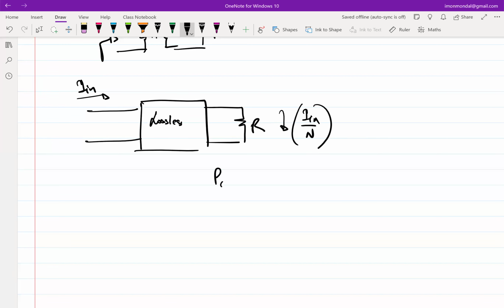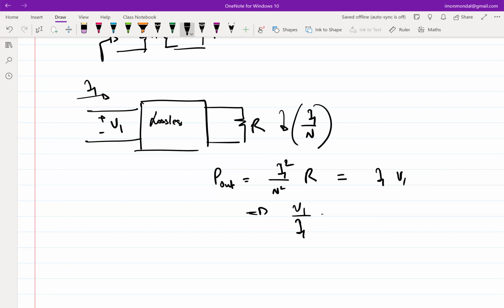So the P out is I in squared by N squared times R, I squared R, which is equal to I1 squared V1. In other words, your V1 over I1 times V1, in other words, V1 times I1 is equal to R over N squared.